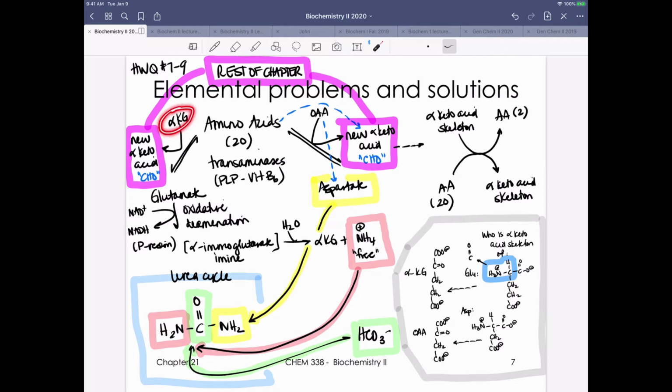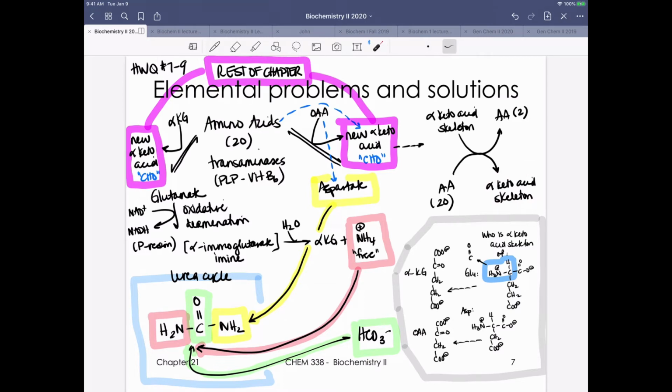All right, so what does this really mean? If alpha ketoglutarate and oxaloacetate are willing to come in and pick up the nitrogen component from any of the other 18 amino acids, they are going to become their component amino acid, either glutamate or aspartate, and the incoming amino acid is left as its alpha keto acid skeleton. We'll talk in the next couple of slides about what you actually do with that.